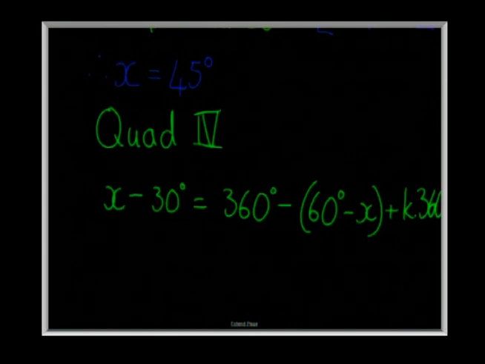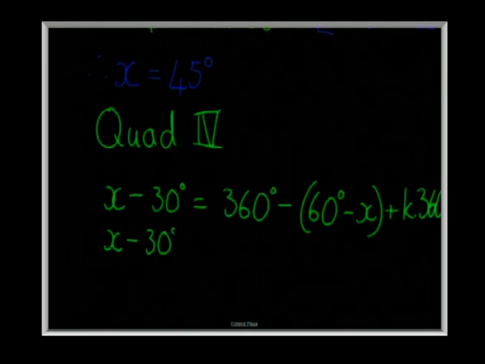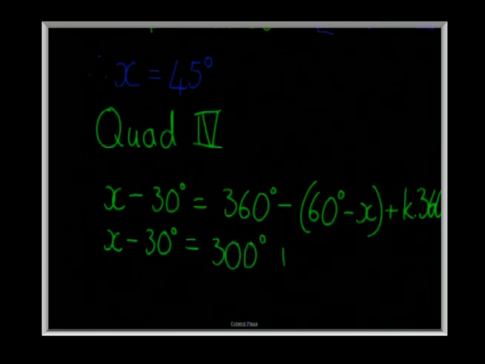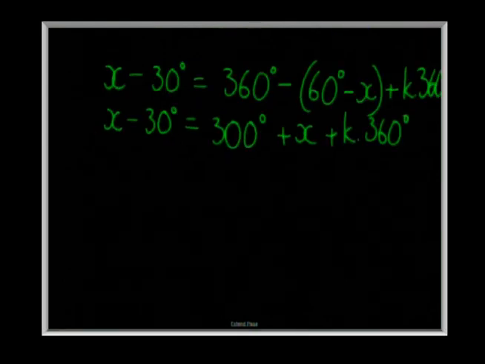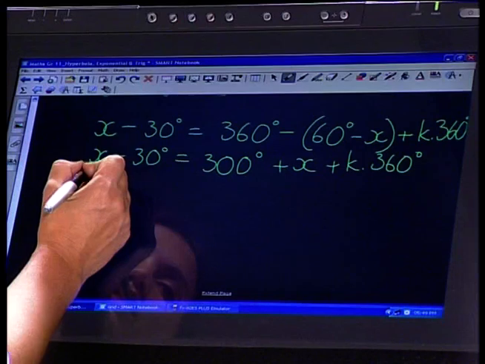Remember, we use the 360 because it is a cos function. Now we need to multiply out what we can and get all of the x's together. So we have 360 minus 60 degrees will give us 300 degrees plus x plus k times 360. Now we need to bring the x's together, and I see a problem that's about to happen. We're adding x over here and we're adding x over there.